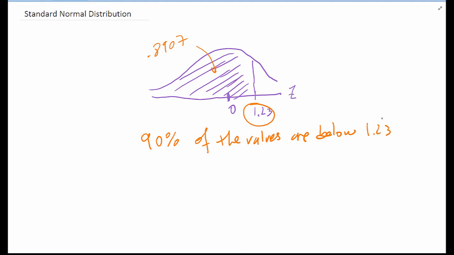So you see the relation between the data value and the percentage of values below that value. These tables always give us the area from negative infinity all the way to that particular value. When the values are to the left of 0, we use the negative table. When the values are to the right of 0, we use the positive table.